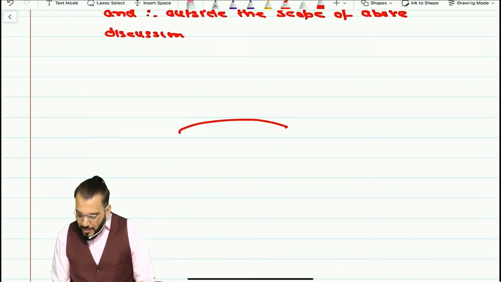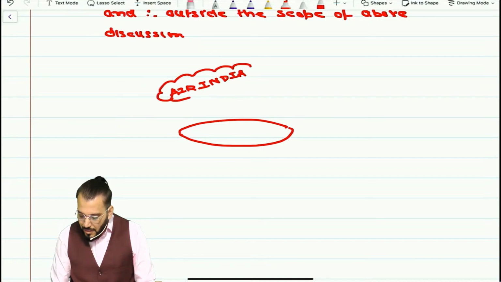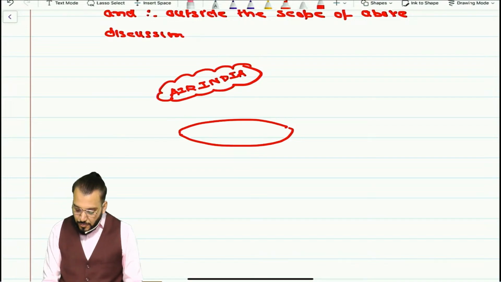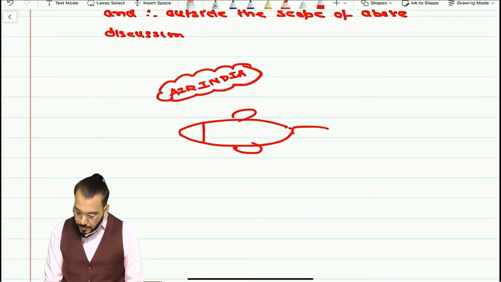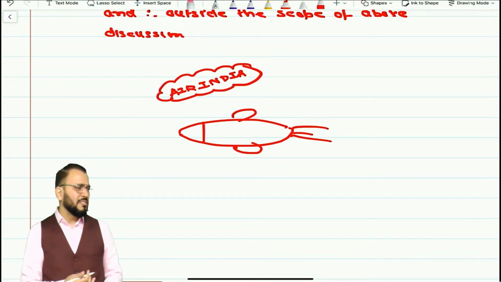Suppose, let us assume Air India. Now it is taken over by whom? So that company. Okay, Air India has purchased one aeroplane for commercial purpose.